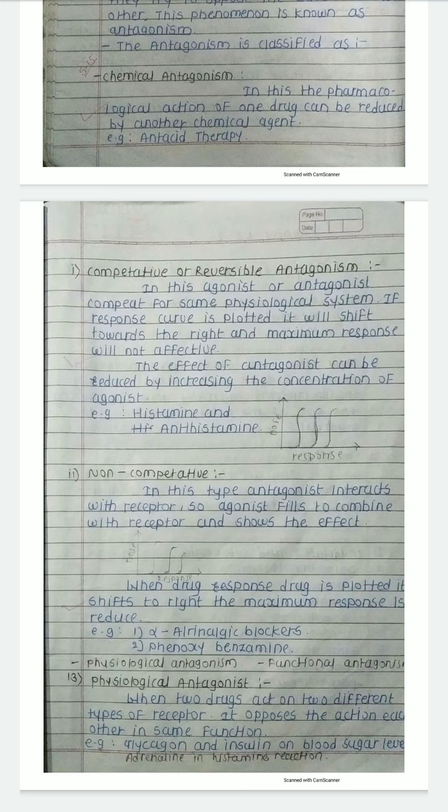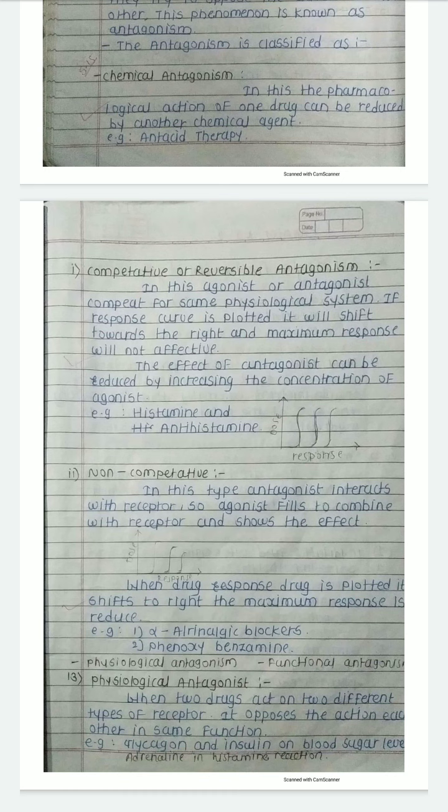In chemical antagonism, the pharmacological action of one drug can be reduced by another agent. For example, antacid therapy. In this, the chemical reagent will reduce the action of another chemical agent. That is known as chemical antagonism. It is competitive or reversible antagonism, and the second is non-competitive.